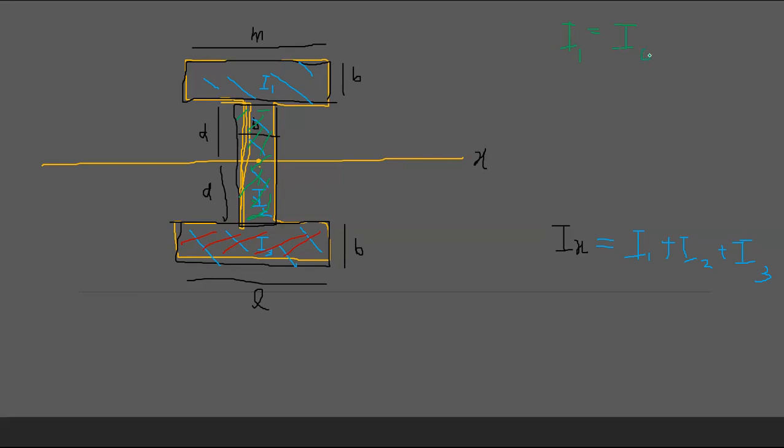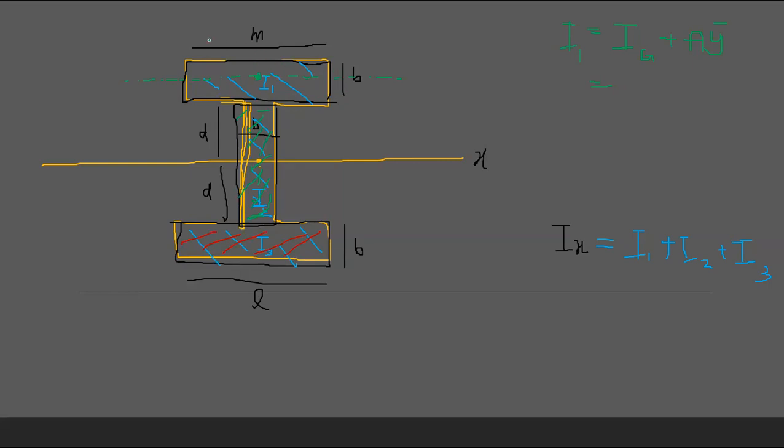This is the x-axis. You have to draw an imaginary axis through its centroid, and about this axis add area times y bar squared, right? This you know, always, for a rectangle if it is going through the centroid.